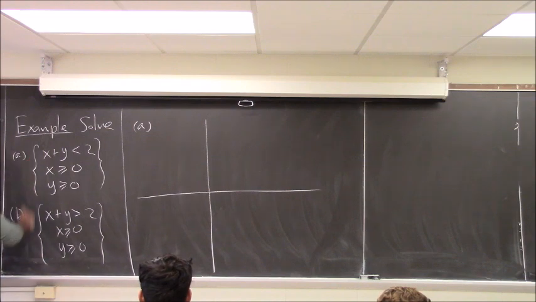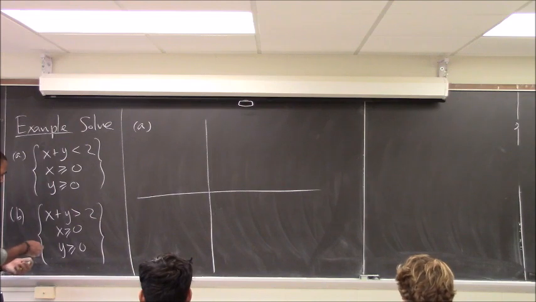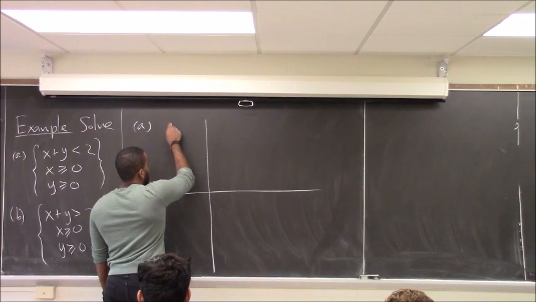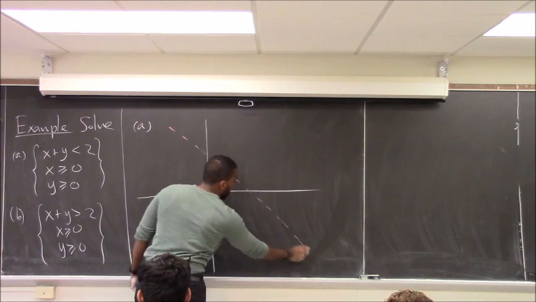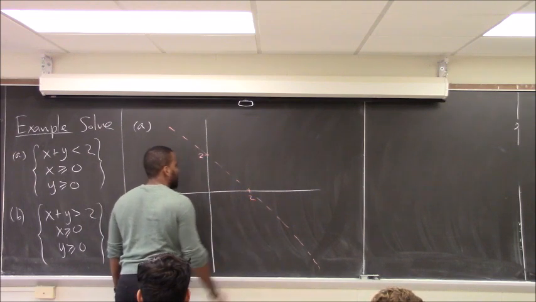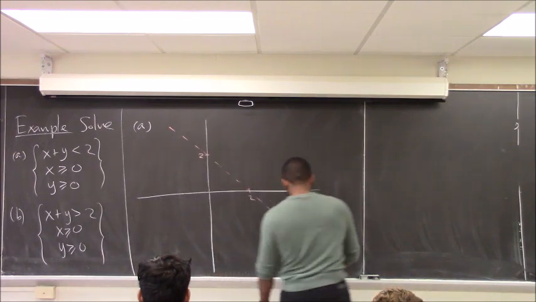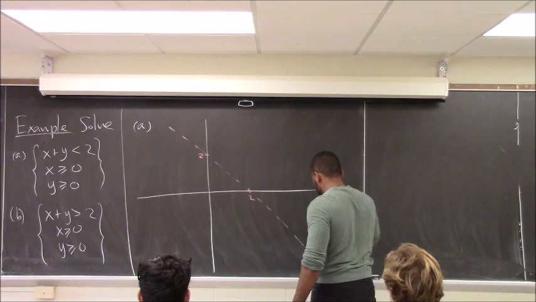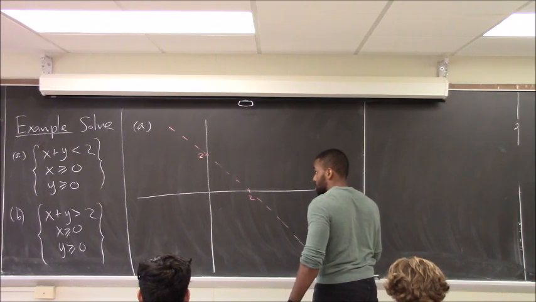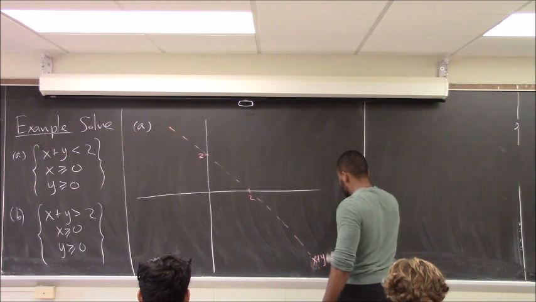So if I sketch the first one, x plus y equals 2. We actually looked at that before. That's going to be a line with negative slope. It'll pass through 2 here and 2 here. Let's label it so that we don't get in trouble. So I can label this x plus y is less than or equal to 2.